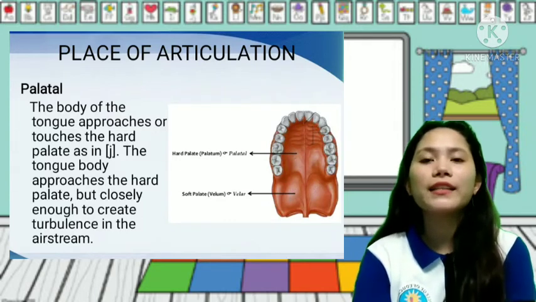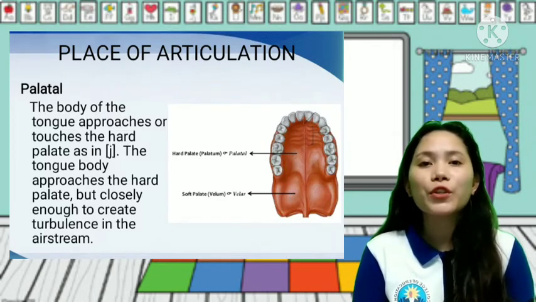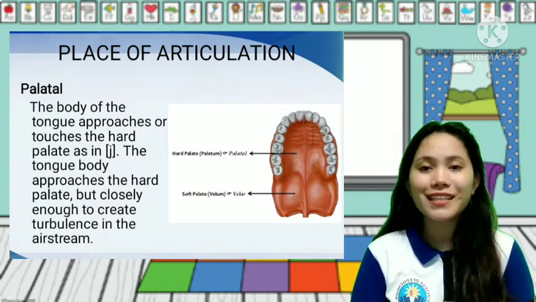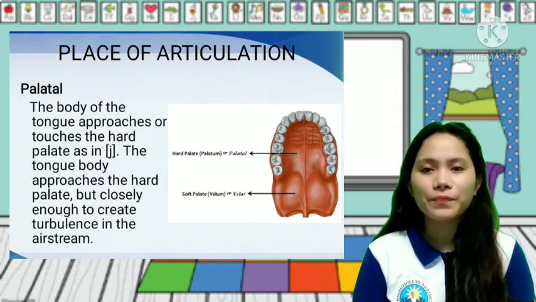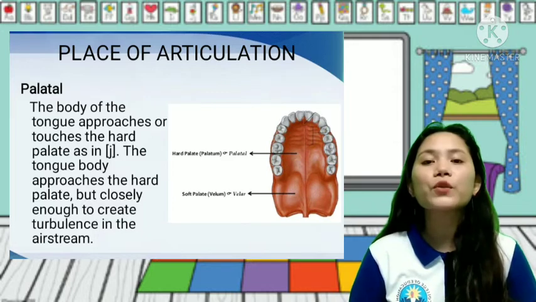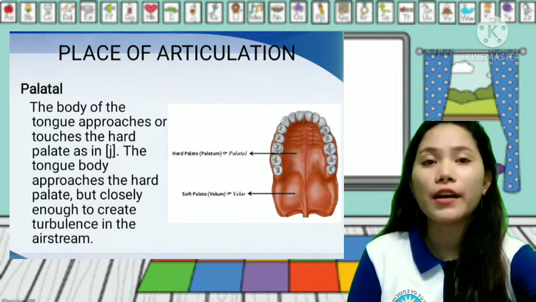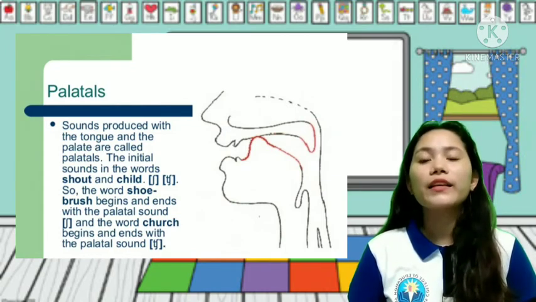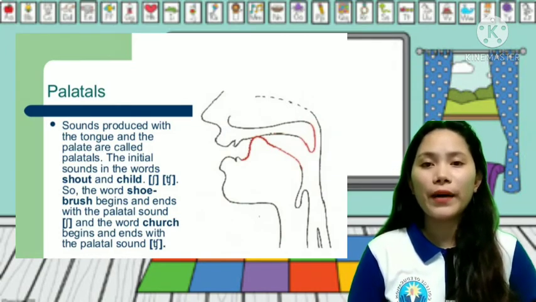The palatal is where the body of the tongue approaches or touches the hard palate, as in the letter J. The tongue body approaches the hard palate closely enough to create turbulence in the airstream. Sounds produced with the tongue and the palate are called palatals.